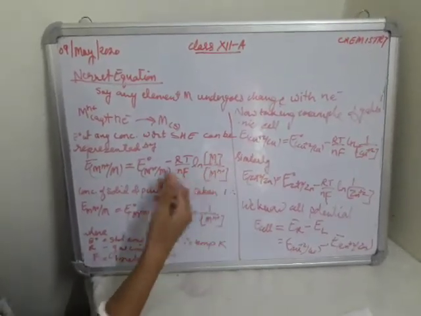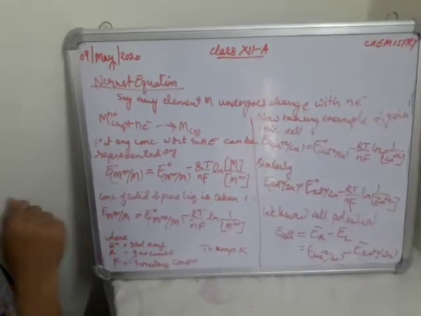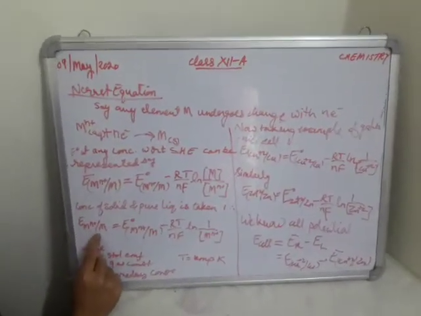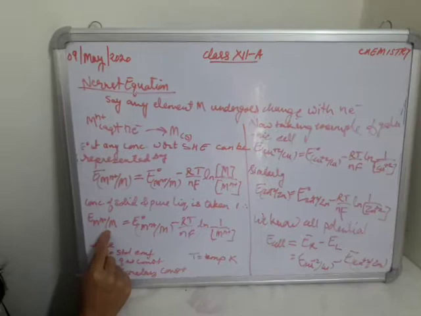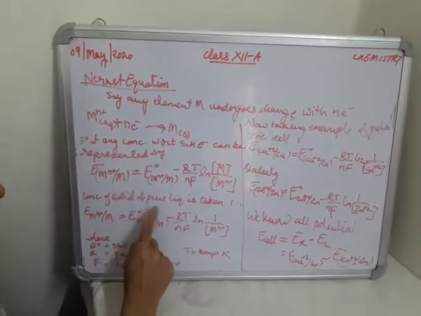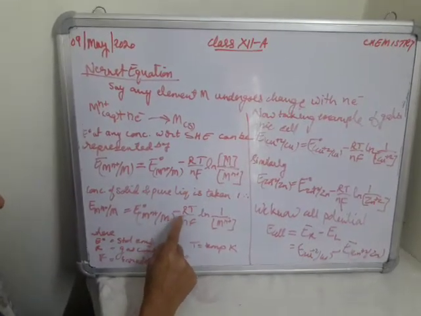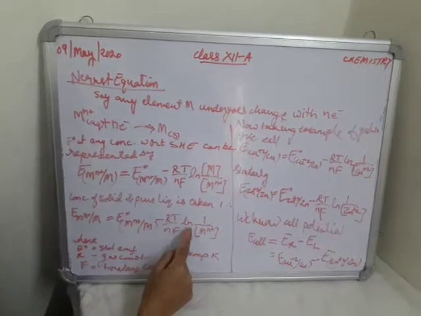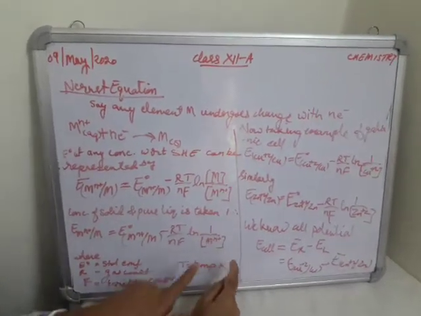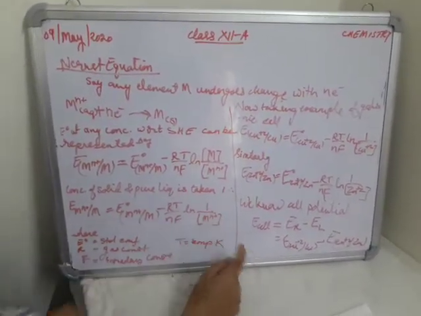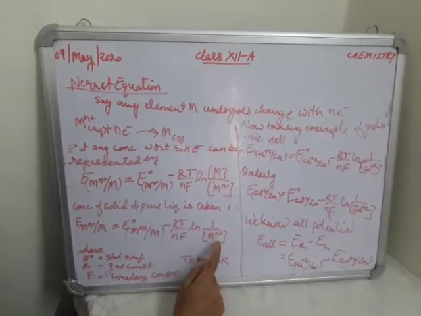So this equation is now reduced to: EMF of the electrode, any electrode M, is equal to the standard EMF of the electrode minus RT by nF ln 1 by Mn+. Mn+ means aqueous ions.